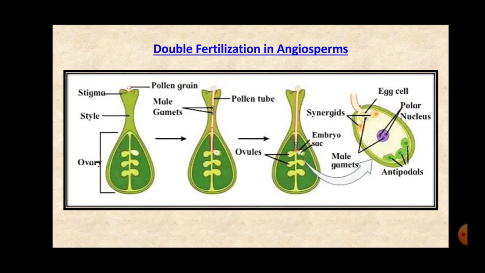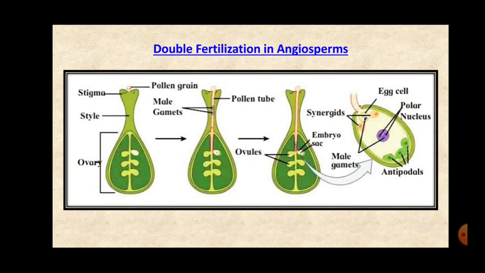Now this pollen tube enters inside the ovary in the ovule, right? Now when we study the structure of this ovule, the internal structure of the ovule is called the embryo sac, right? As you can see in the third picture, the pollen tube has reached inside the ovule. Then the fourth picture shows the structure of the embryo sac.